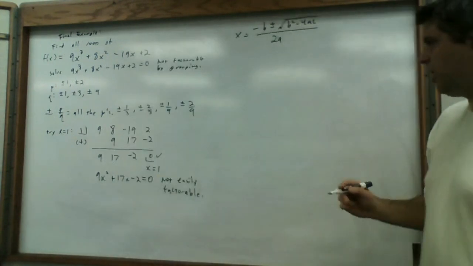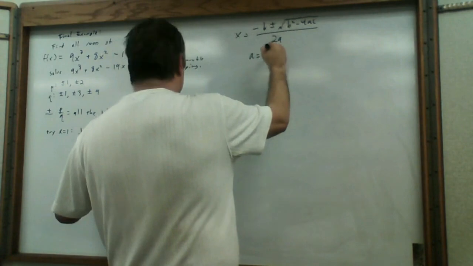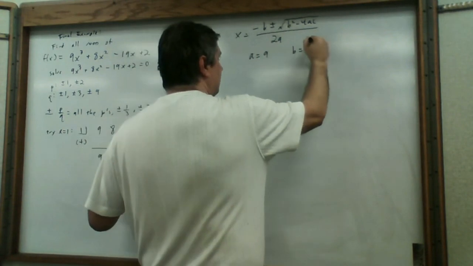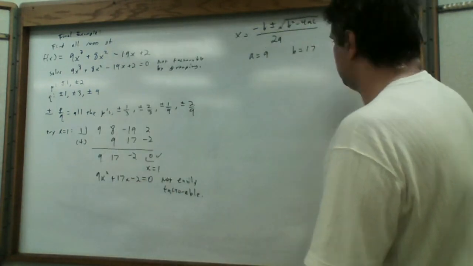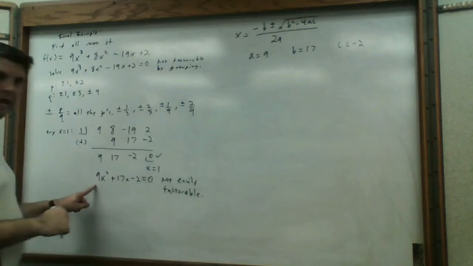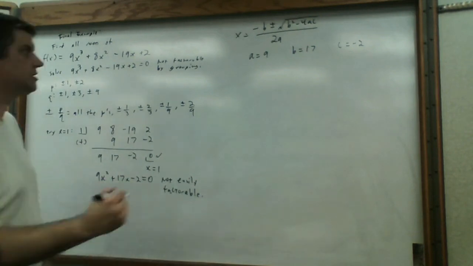According to this, a is 9, b is 17, and c is negative 2. Include the signs.